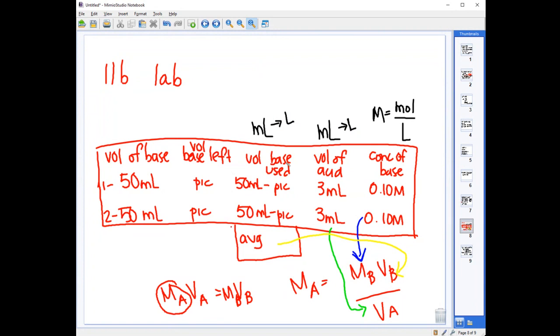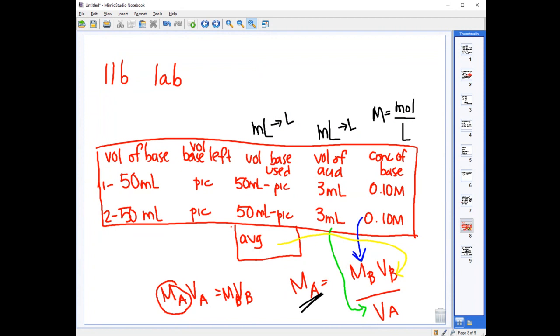Okay, so before you plug those in, you need to make sure you convert those to liters because your molarity is in mole per liter. If you do not convert these to liters first, then you're not going to get the correct answer when you solve for molarity of your acid. Okay, so that is Lab 11B. That's how you do the calculations on that particular data sheet.